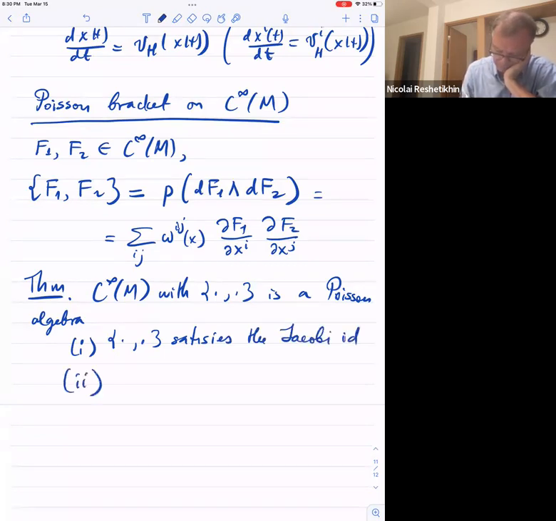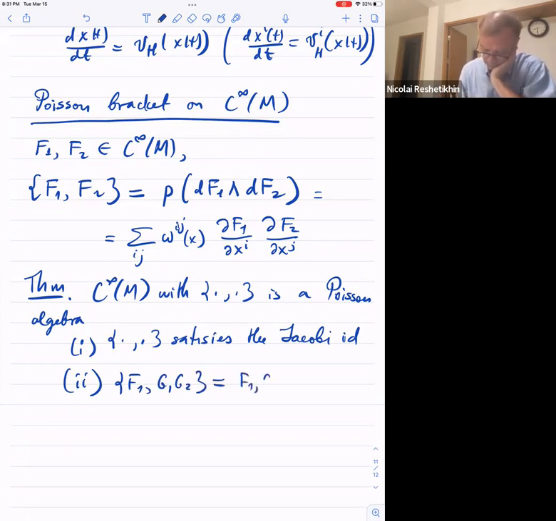And second, if you have three functions, then the bracket of f1 with the product of f2 and f3 satisfies the Leibniz rule.